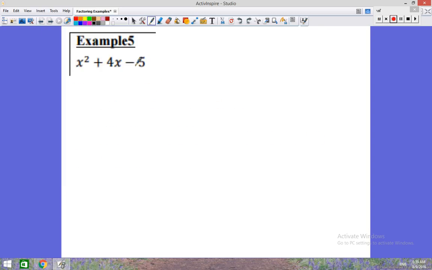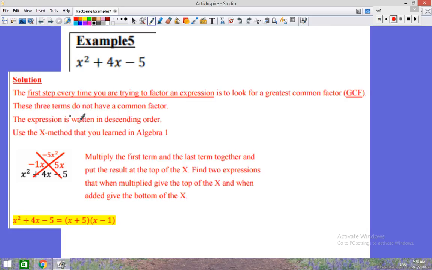All right, so here we're back to an example that's easier than the last one. We have a trinomial, leading coefficient is 1, it's written in descending order, and there's no common factor to these three terms. So we can jump right in and think about two values that when multiplied together give us the negative 5x squared, and yet when added give us 4x.